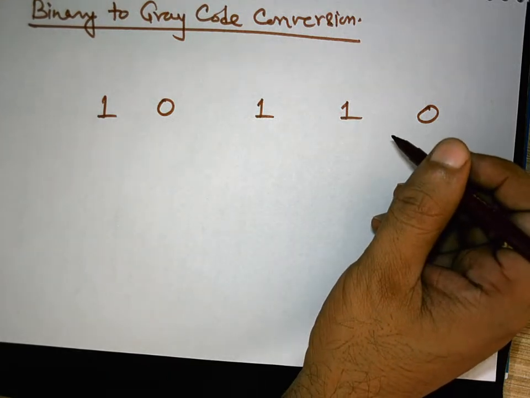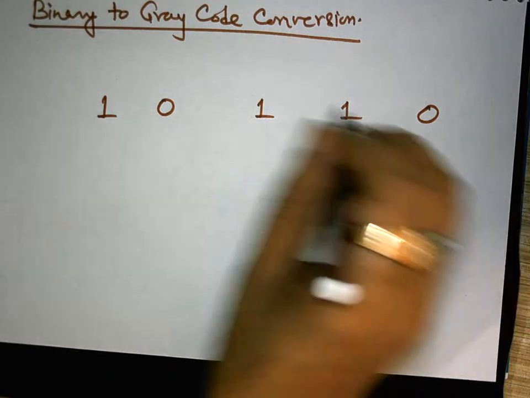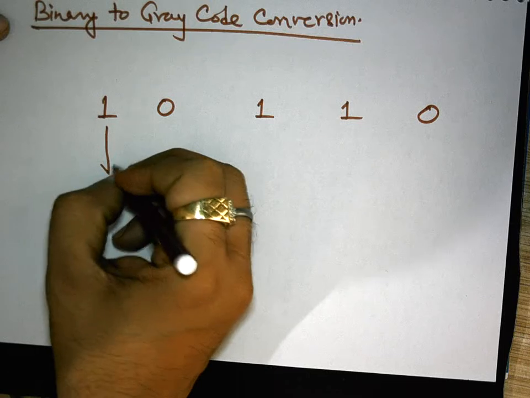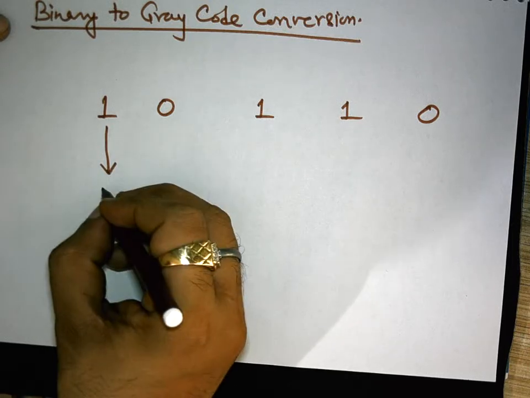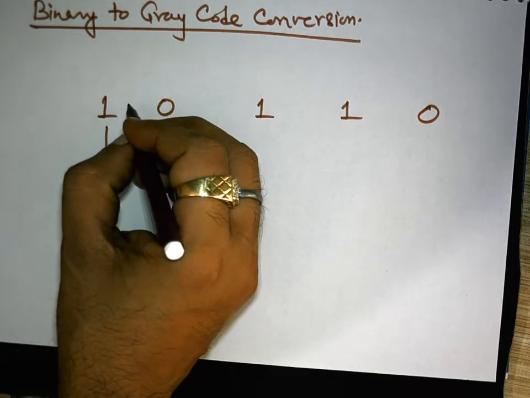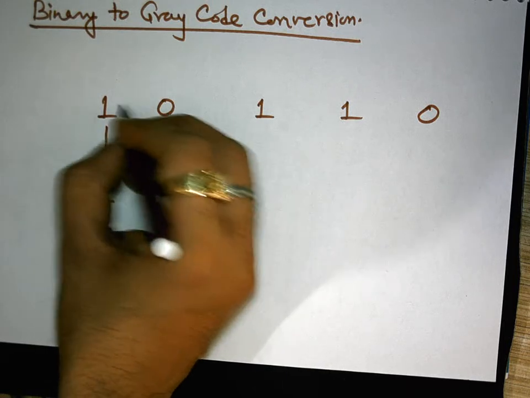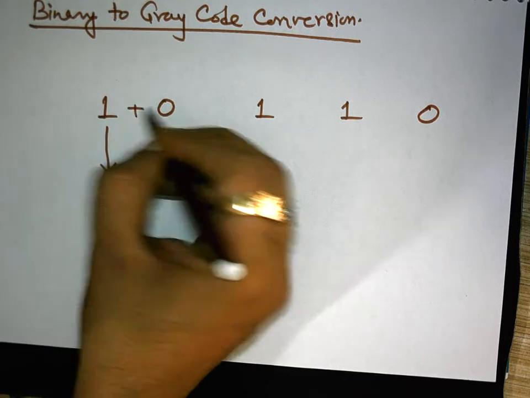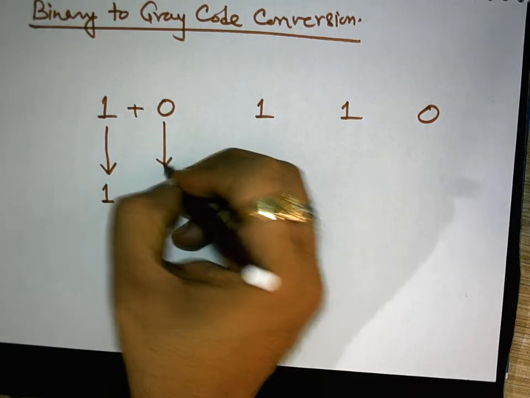So what is the rule? We make a copy of the MSB, and we add the adjacent pairs of bits in binary, and we write the result over here.